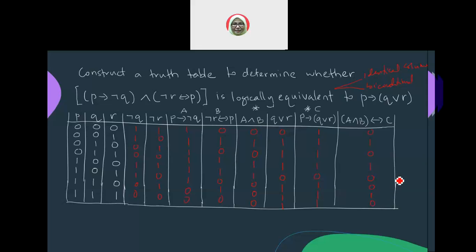All right. So these two columns, I will show you both reasons. Look at these two columns. Are they identical? They are not identical, right? They are not identical. That's one reason.